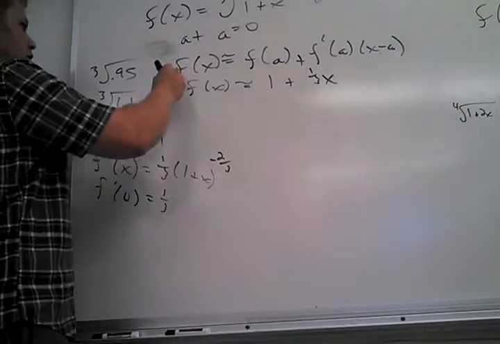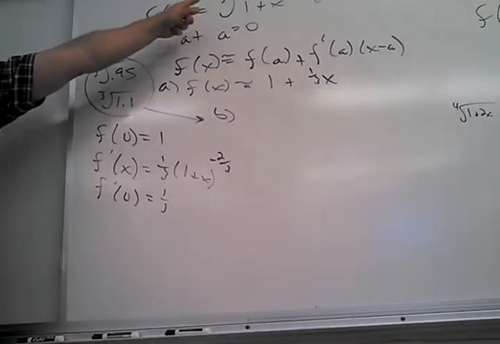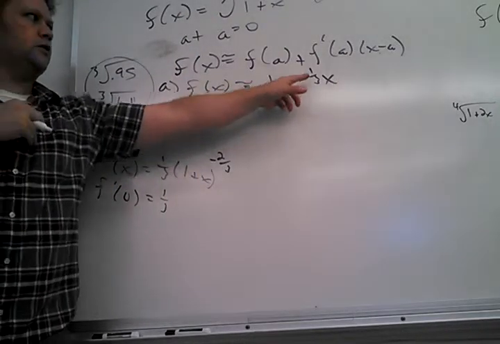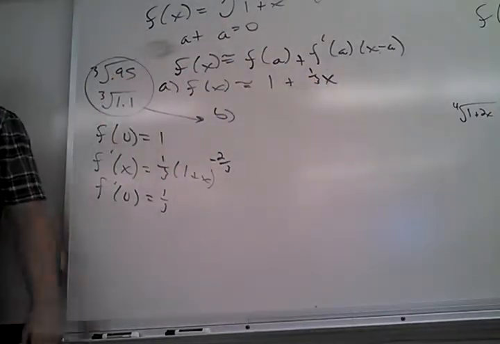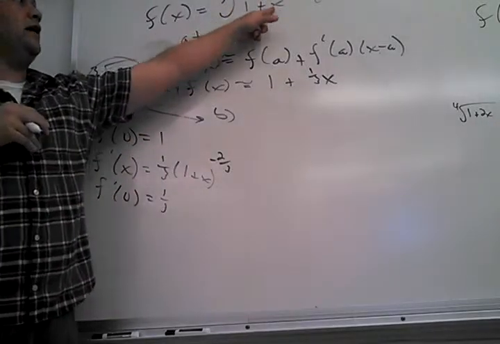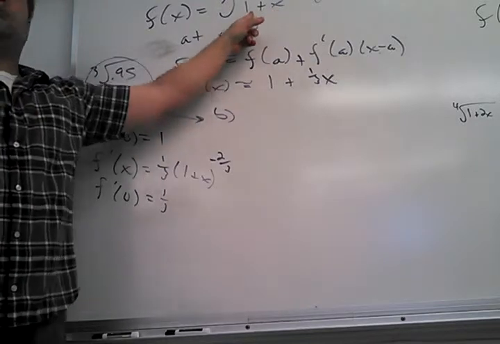And then the interesting part is this part here, because you have to remember what the function itself is. I know my approximation is 1 plus 1/3 x, but x is not 0.95. It is so desperately not 0.95. Because if I make x 0.95, what am I actually calculating? The cube root of 1.95.